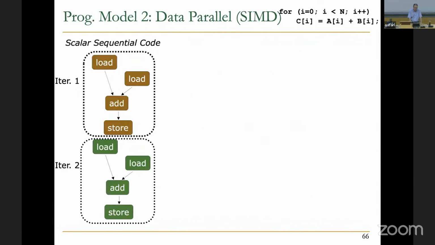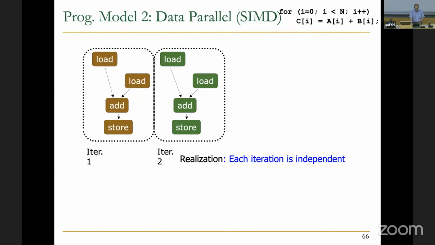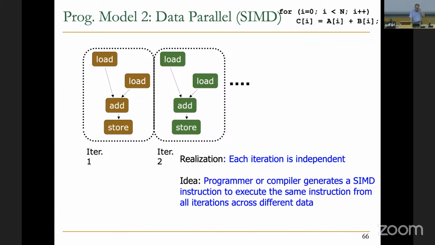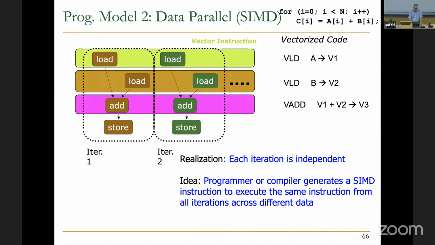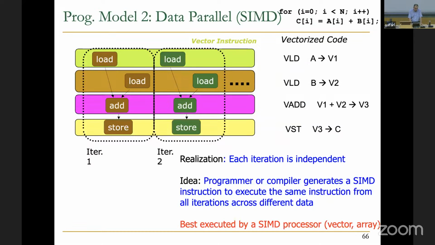In SIMD architecture, if you use SIMD programming, you need to allocate every iteration to a vector element. So the programmer or compiler needs to generate a SIMD instruction to execute the same instruction from all iterations across different data elements. So we have a vector instruction of load, then another load, then an addition, and then a store. You've seen it so far. And basically, it's best executed by a SIMD processor like the vector or array.